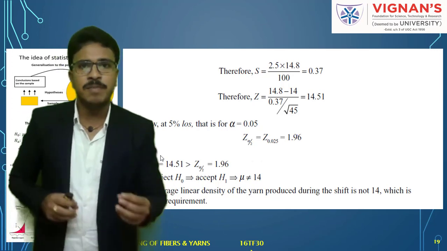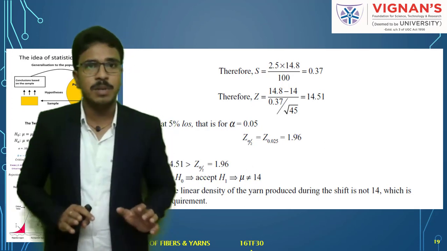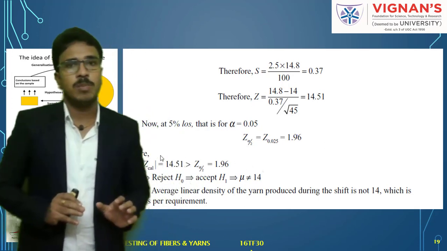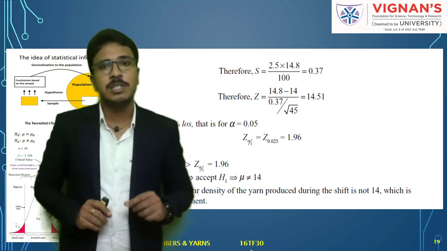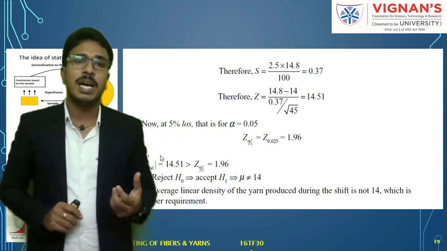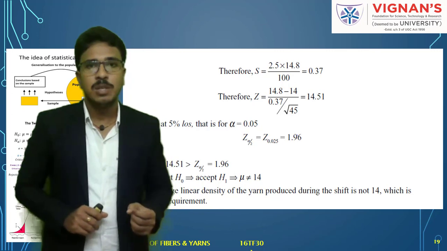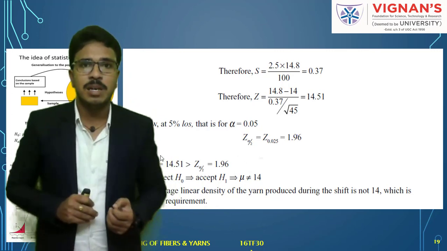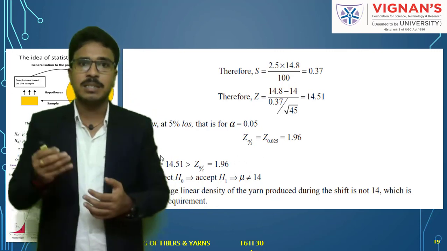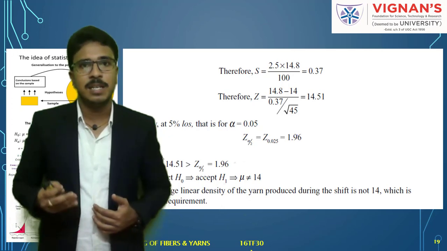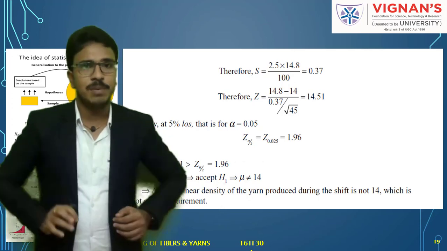If it is mentioned, we have to take the given value. So here the level of significance is not given, so we are taking 5%. Then alpha is 5 divided by 100, that means 0.05.